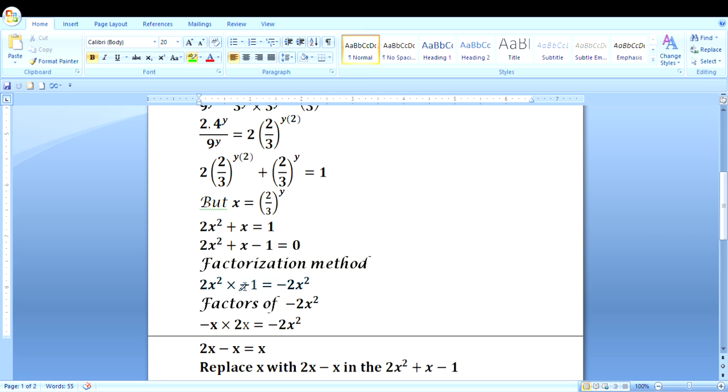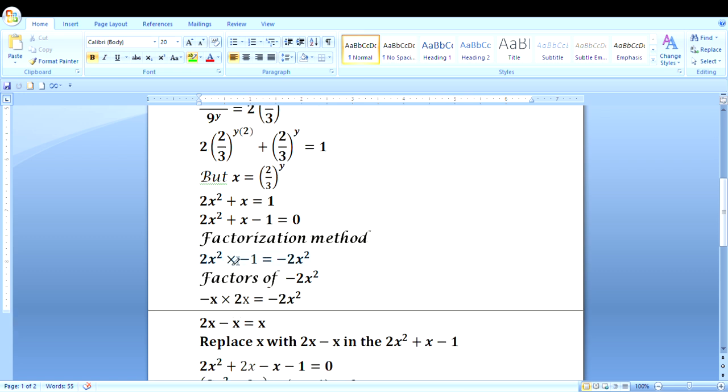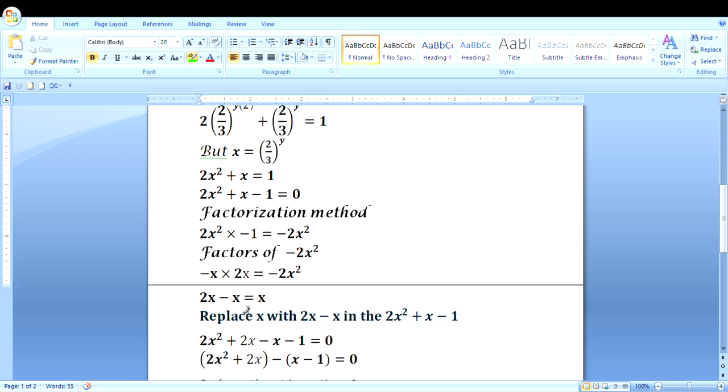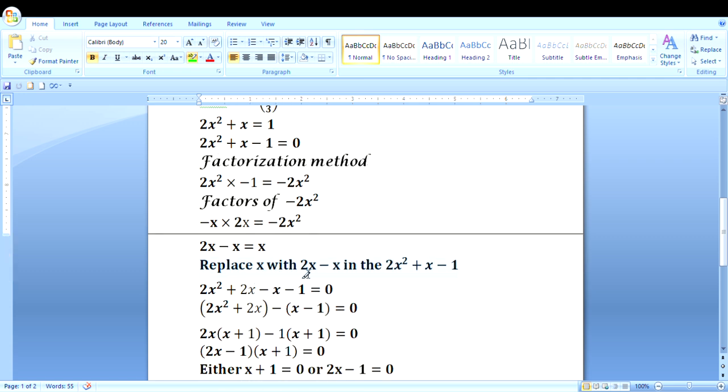So here all the factors of minus 2x squared are just minus x times 2x. It will give us minus 2x squared. So if we want to obtain x here, it simply means we're going to say 2x minus x, that gives us x. So we replace this middle term here with 2x minus x, since 2x times minus x gives us minus 2x squared, so this is the appropriate expression to replace the middle term.